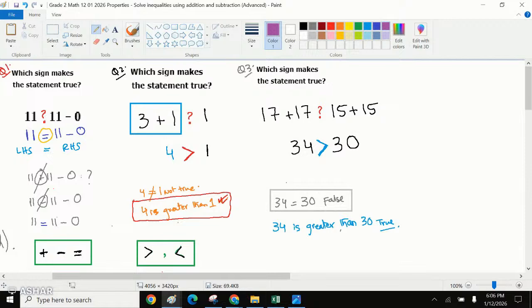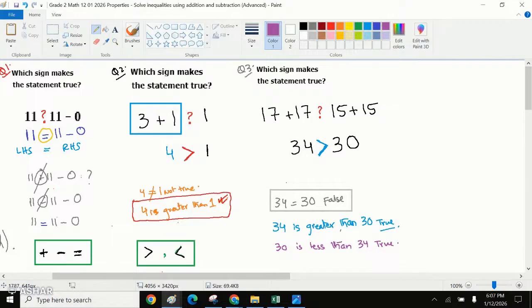Or what we can say also is 30 is less than 34. This is also true, right? So if 34 is bigger, then 30 is smaller. And if I say 30 is smaller, then 34 would be bigger number, right? So this is how we use this.